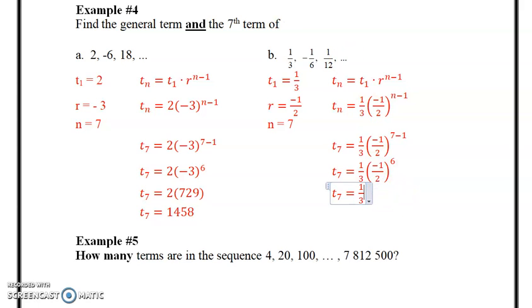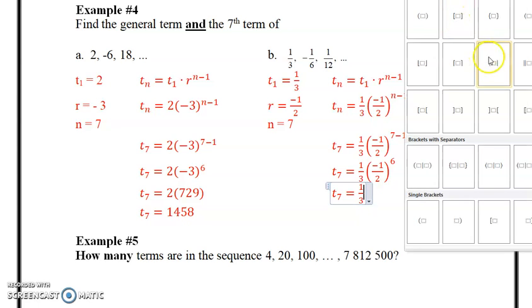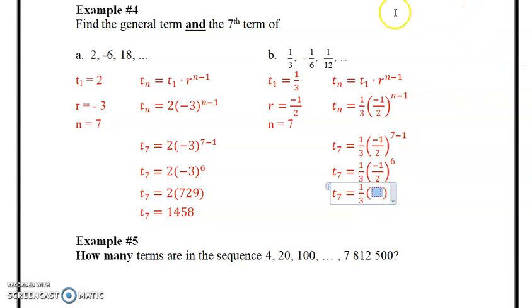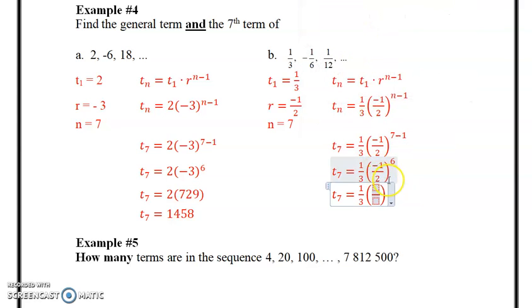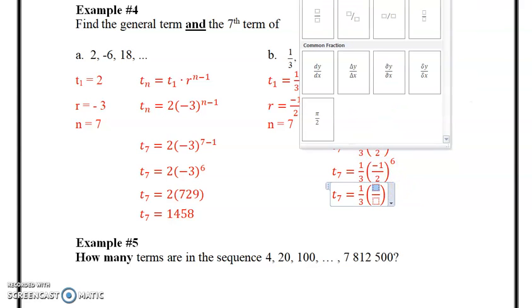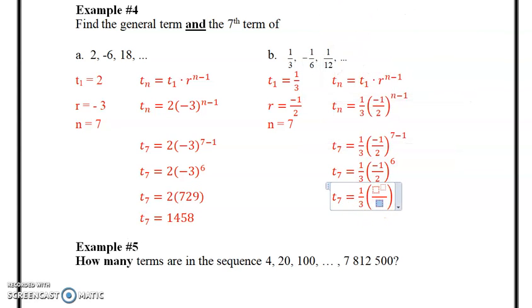I'll go right from scratch, it's sometimes easier. Let's check it out. We have -1, and of course that has to be in brackets because it's getting raised to the power 6.